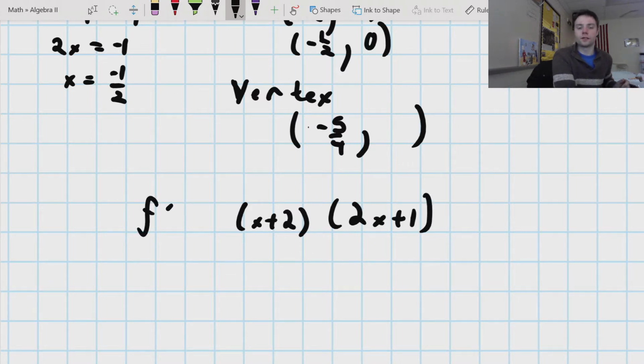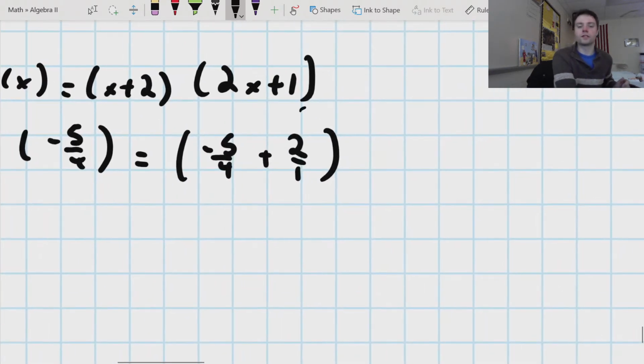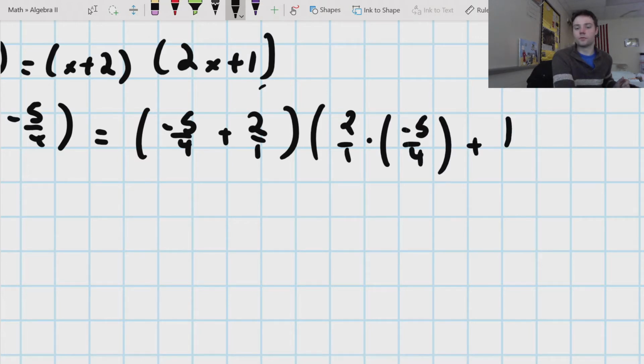But I'm trying to find f of negative 5 over 4, which is going to be negative 5 over 4 plus 2 over 1. So I'm just making these into fractions. That way I can see what I need to multiply upstairs and downstairs by. So then I've got 2 over 1 times negative 5 over 4 plus 1 over 1.